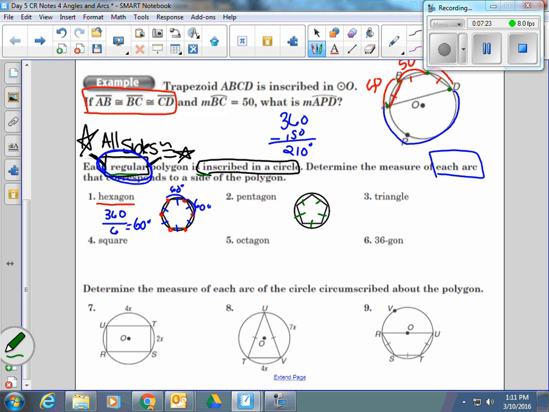I know that it's inscribed, so that means that all these vertices touch right on the edge of that circle. So what would I do to find the measure of each arc? Good. 360 divided by 5, which is what? Okay, I'm going to give you a second, and I want you to do 3 through 6.